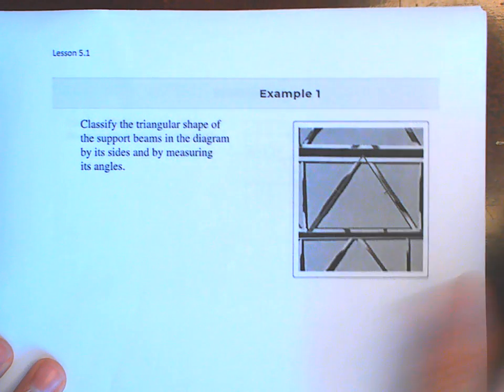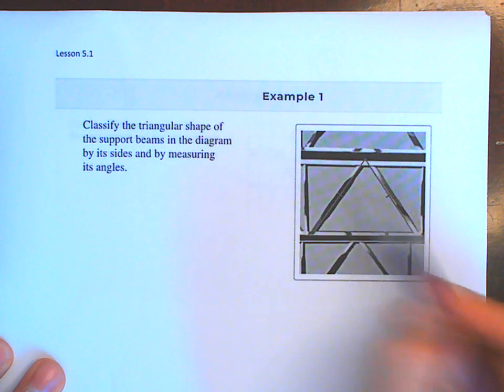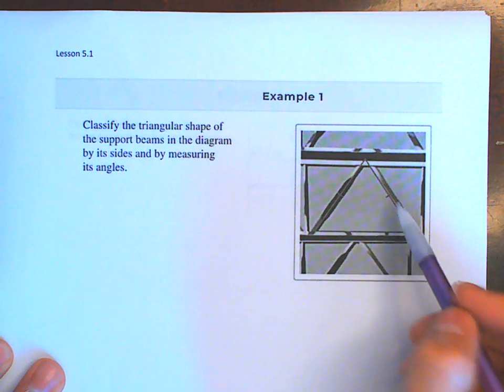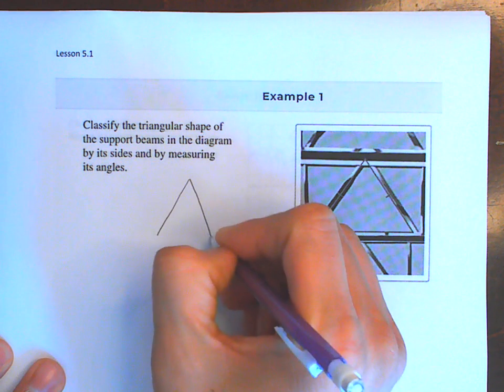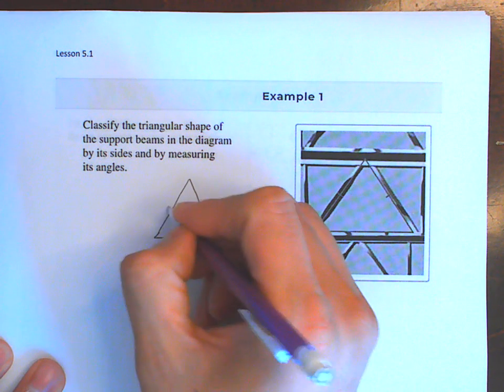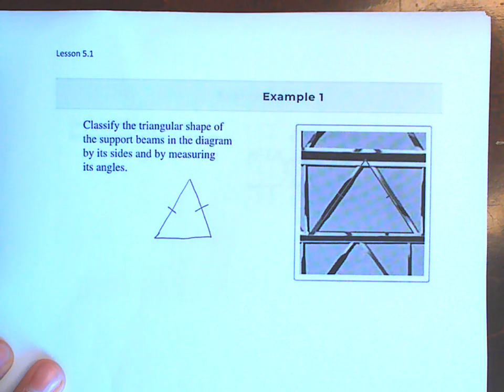Now this diagram is a little hard to see, but what you see in here is a triangle with a set of congruent sides. So if I were to recopy this, it would look something like this. Now when you're copying these, you don't really need to copy everything else that's in it, just the important information. So it says classify the triangular shape of the support beams in the diagram by its sides and by measuring its angles.